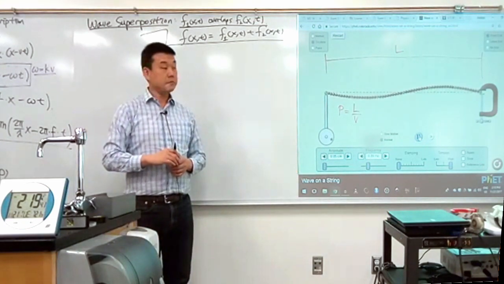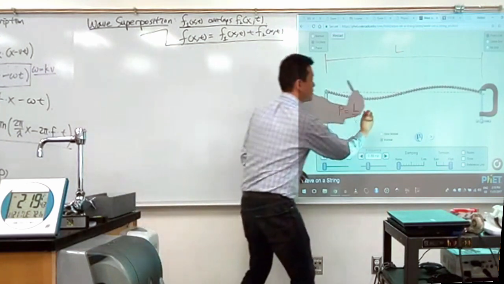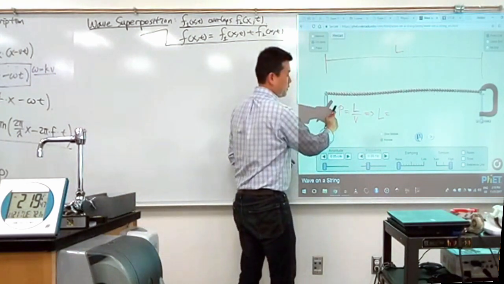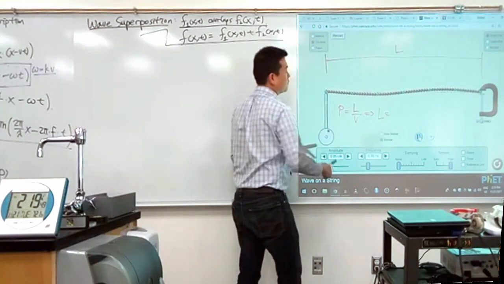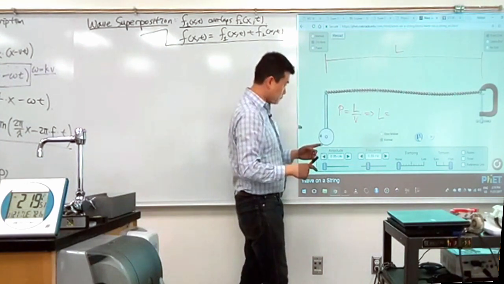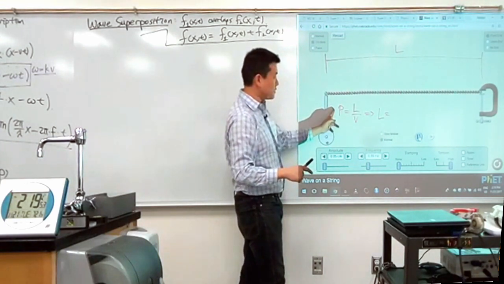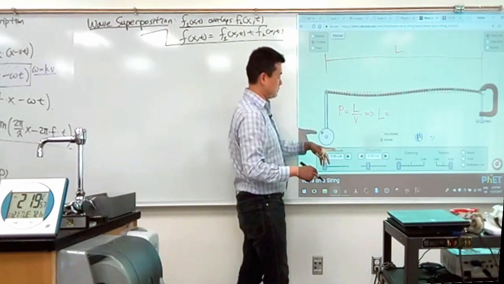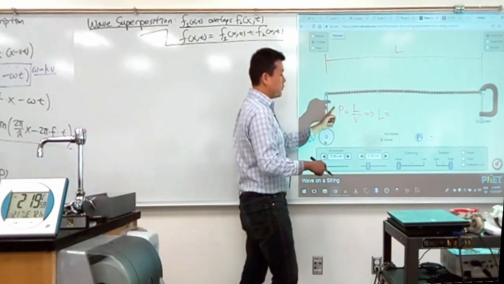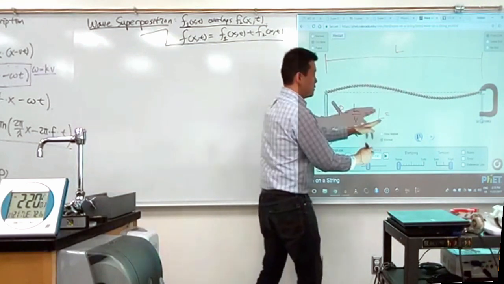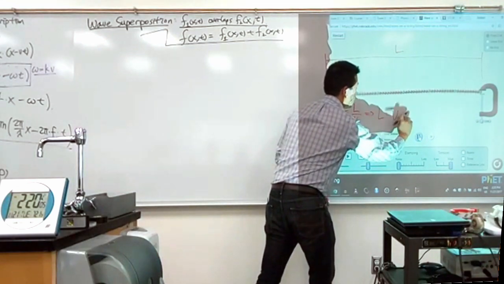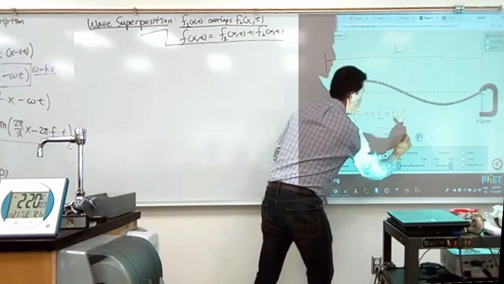In other words, the distance L is equal to period times the velocity. Rewriting period as frequency, 1 over f, L would be V over frequency.